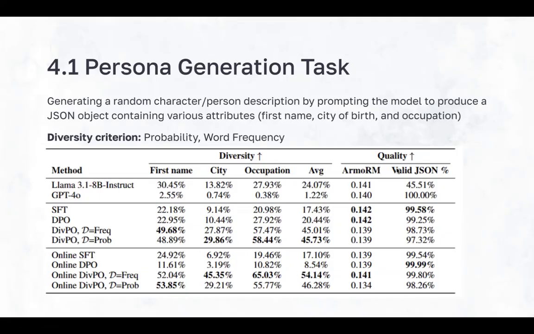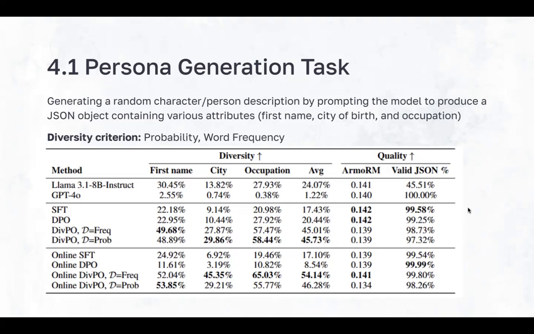And for quality, there may be a minor decrease compared with the traditional methods, but not too far away. So I think it can achieve a higher diversity with a minor loss of quality. So it's acceptable.